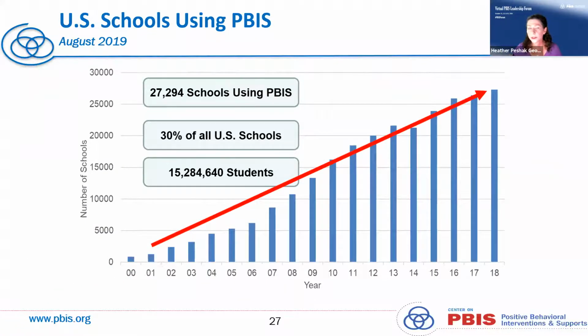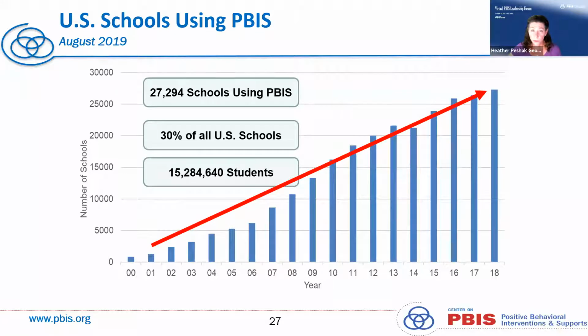So some of the things to give you a heads up nationally, this was as of August of last year, we had over 27,000 schools reporting into our national database for the Center for PBIS. We just ran the numbers literally this morning, and it's well over 29,000. That is about 16 million students that we're directly impacting.